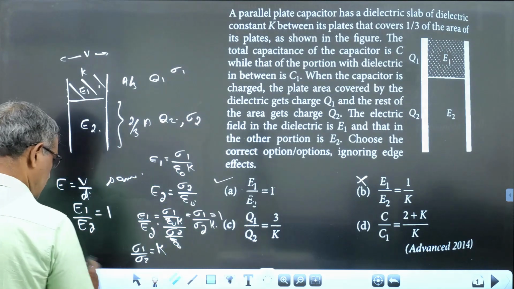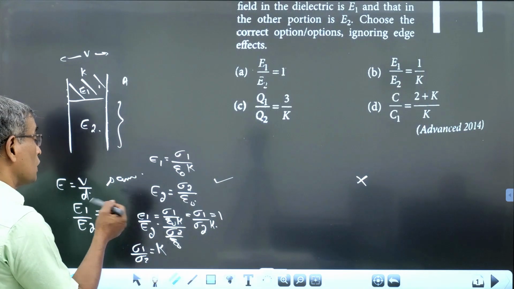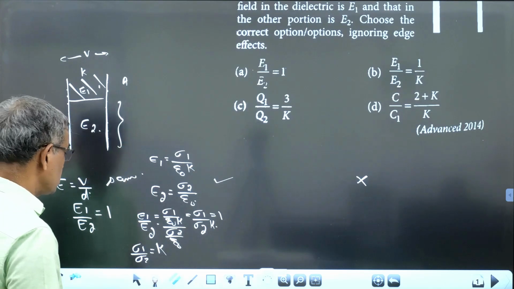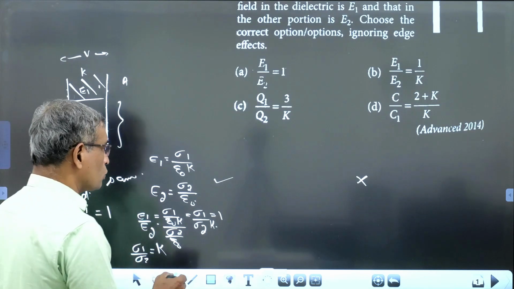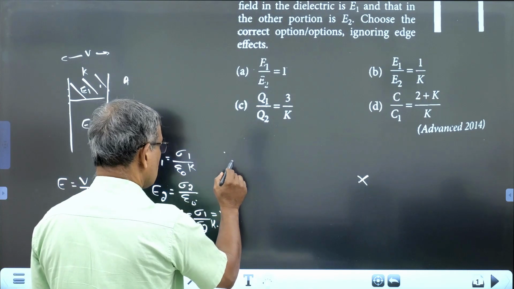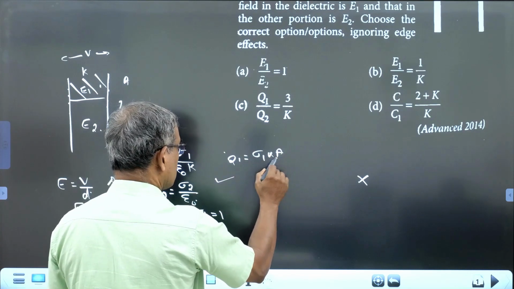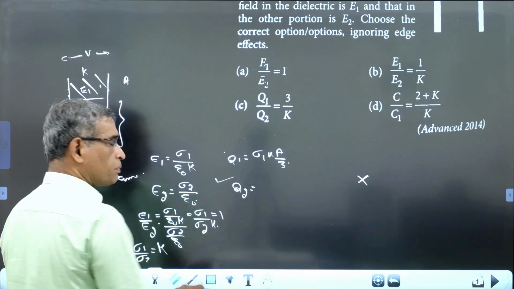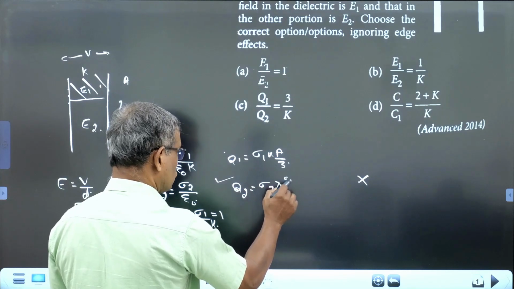Q1 is sigma 1 into the area of that plate, so Q1 is equal to sigma 1 into A by 3. Q2 is the charge density of that plate, sigma 2, into the area of that plate, 2 by 3 A.